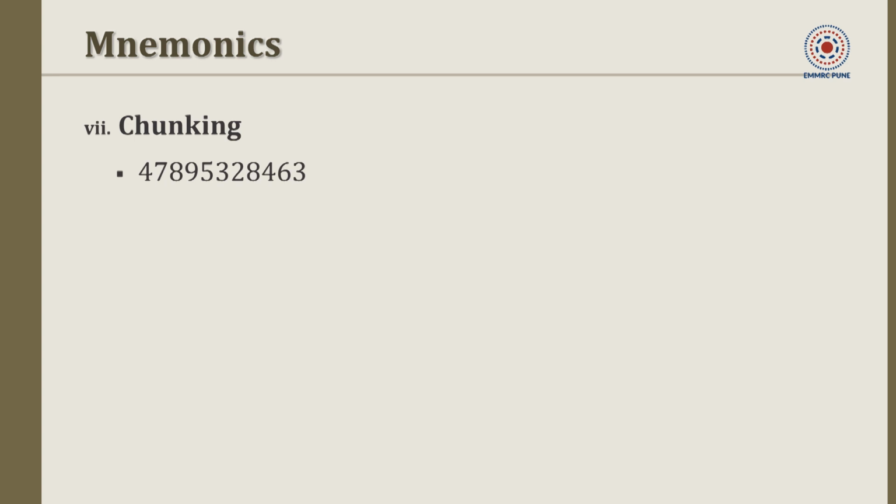For example, memorizing the following number 4, 7, 8, 9, 5, 3, 2, 8, 4, 6, 3 will likely take a fair amount of effort. However, if it is chunked like this 4789, 532, 8463, it becomes easier to remember.